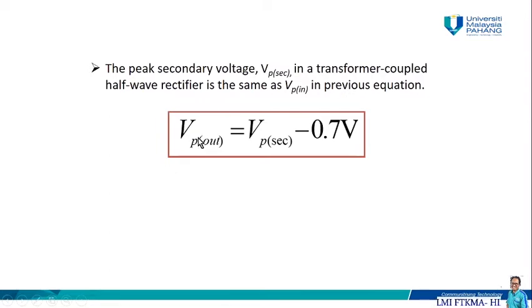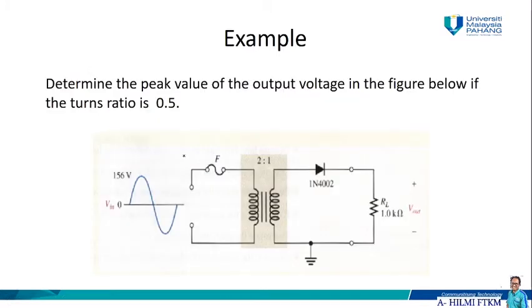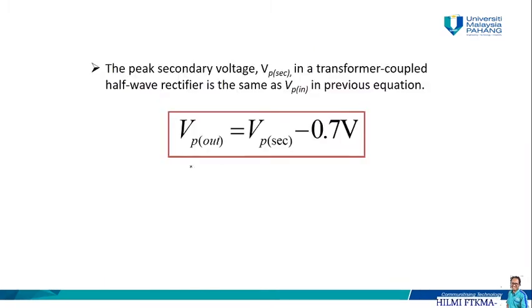So the peak output voltage in the secondary part is equal to the peak secondary voltage of the transformer minus 0.7. From the previous equation, Vp out is equal to Vp in minus 0.7 volt. So basically this is the same.